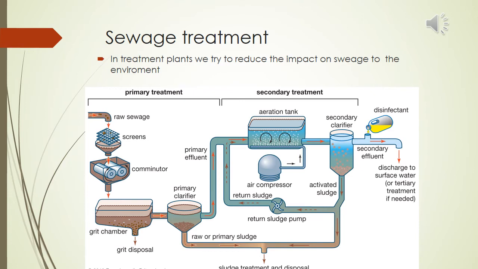By doing this, we will have removed most of the organic matter, most bacteria, and most large objects from the water. And the sludge which we're left with can then be used either as fuel for fire, or if it contains a lot of nitrogen, we can use it as fertilizer on the field.